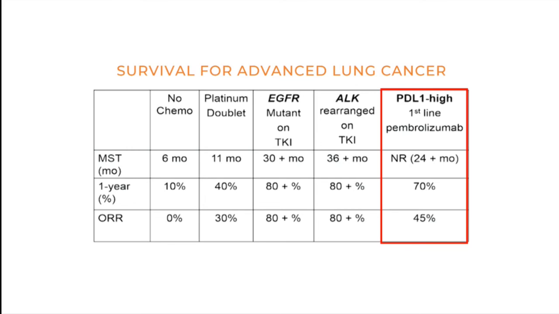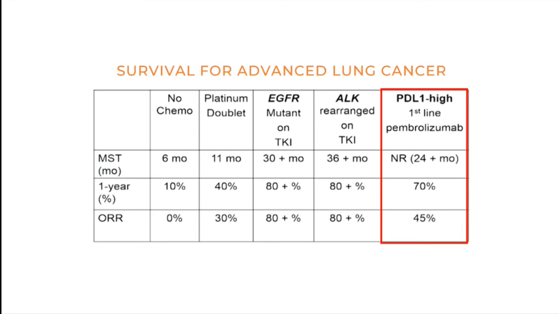Now, of course, these numbers are based on studies. There are individual variations. And so the survival in advanced lung cancer depends on many factors. It depends on how much disease there is, how much of a burden the disease is placing on the body, how fit an individual is, how many other medical issues a patient has, and how able the patient is to receive these treatments without taking a major beating.